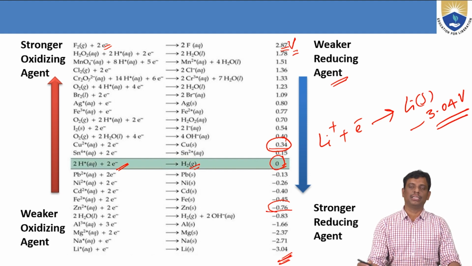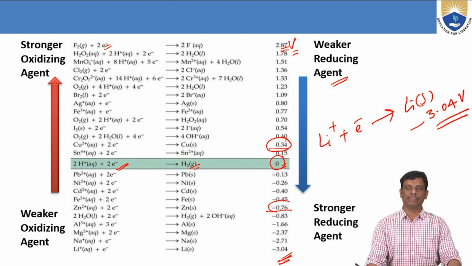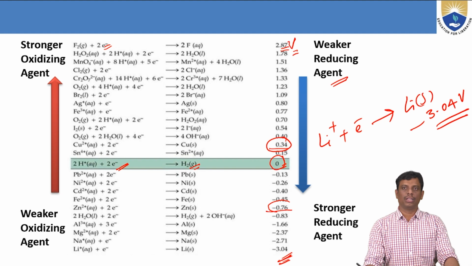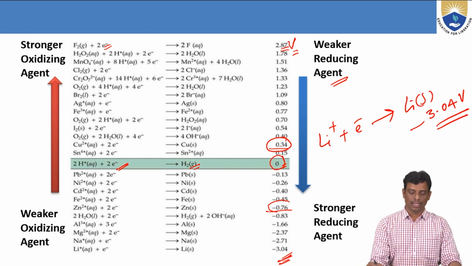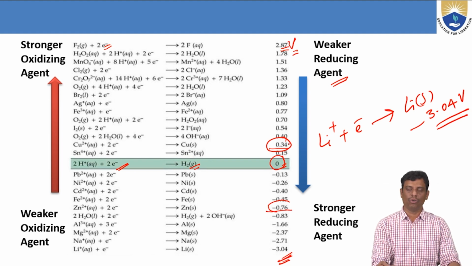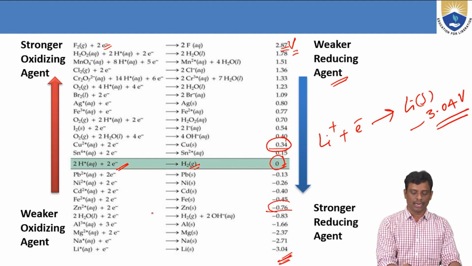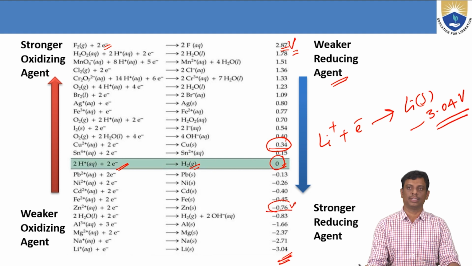This arrangement is called the electrochemical series, or activity series, or electromotive series. For example, in a voltaic cell, the reduction potential of copper is 0.34 volts and that of zinc is minus 0.76 volts.